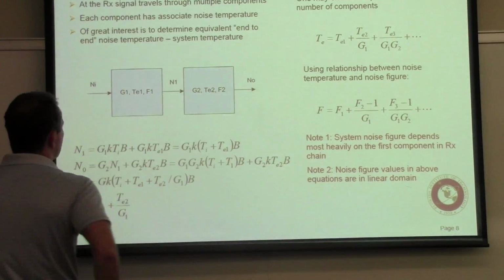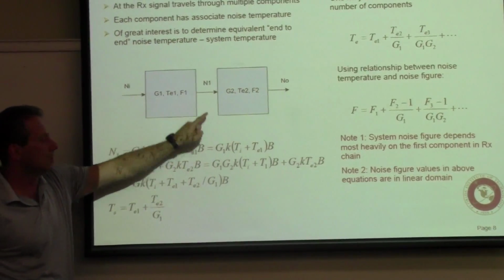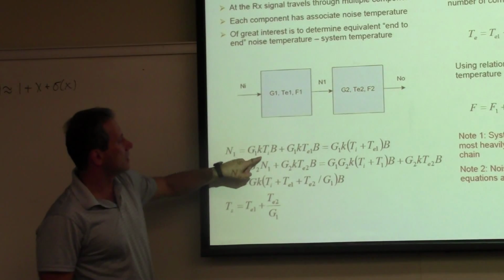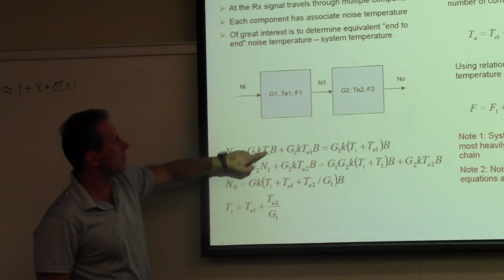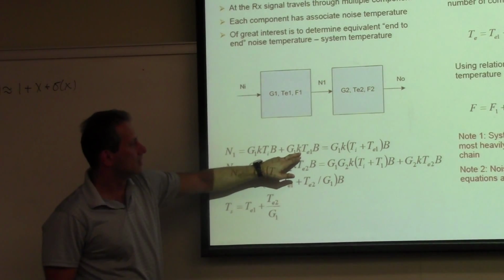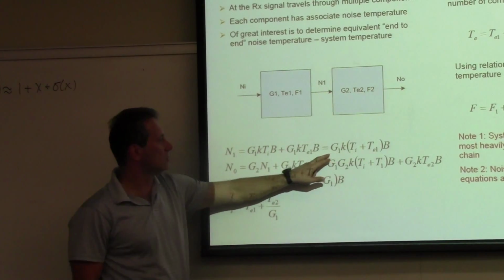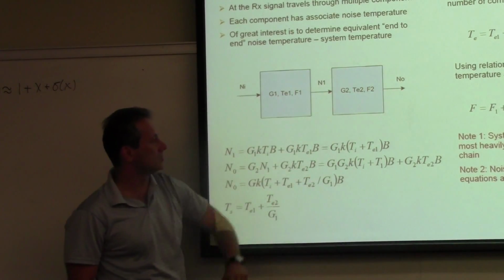So if I walk down this receiver chain and calculate the noise at this point, it is going to be gain times KTi, which is the noise temperature of what comes in. But I have to add the equivalent noise temperature of the device itself. So this is the noise that appears at the output of the first device.